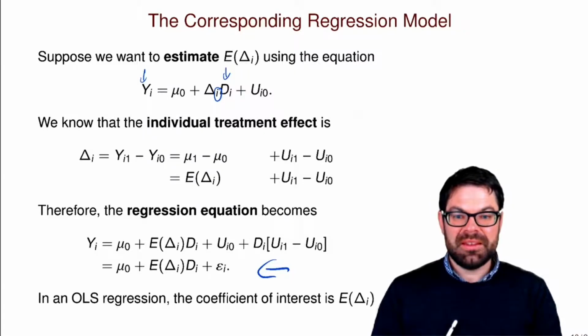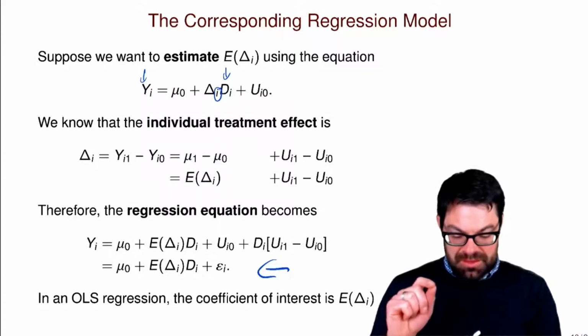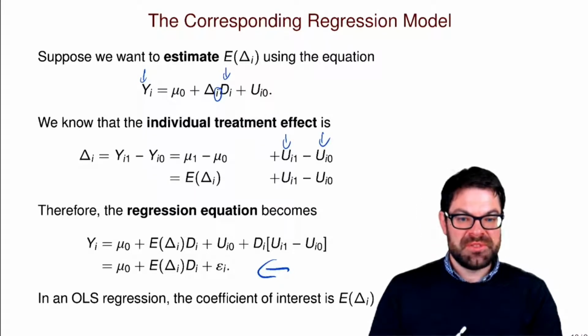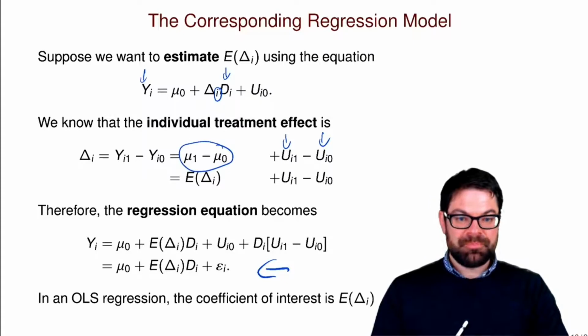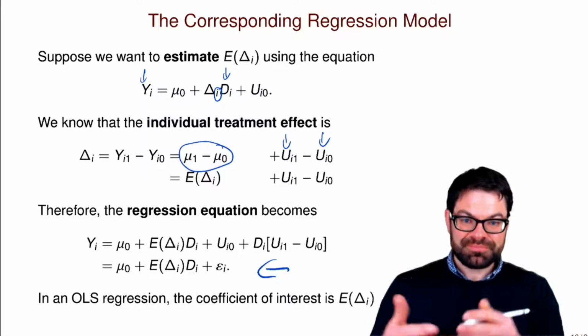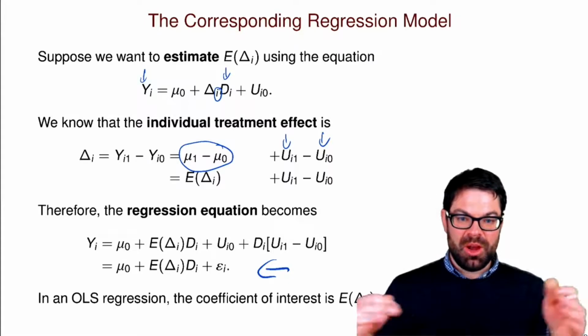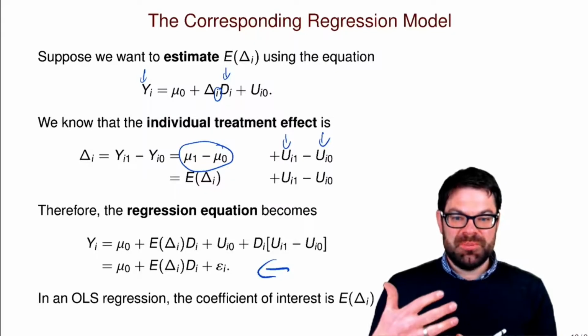And how we get there is by, first of all, looking at the individual treatment effect. Now remember that each of those terms here has a mean of 0, yeah? Such that the difference between those common components of the treatment effect that are common to all individuals, well, that's actually the average treatment effect.